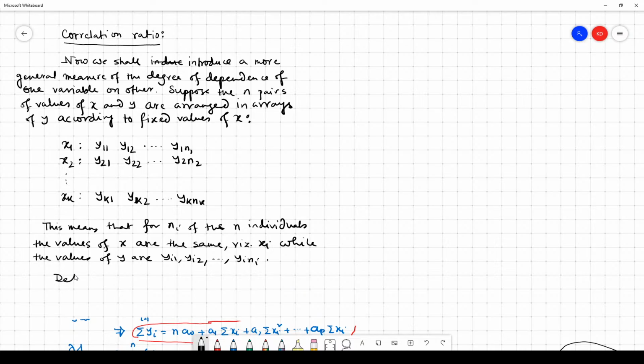Define yi bar, called the array mean, by summing over j and dividing by ni, and so this is called the mean of the ith array.